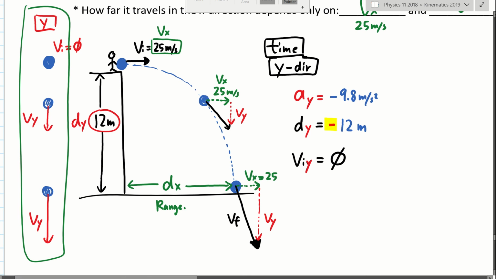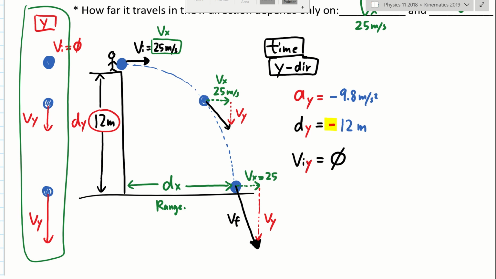Now remember, gravity affects everything equally, and your horizontal motion is independent of your vertical motion. So vertically, your initial speed is still nothing, even when you're kicking an object sideways. And vertically, your acceleration is negative 9.8, which is the same as if you just drop an object. And vertically, that's how you get the time.